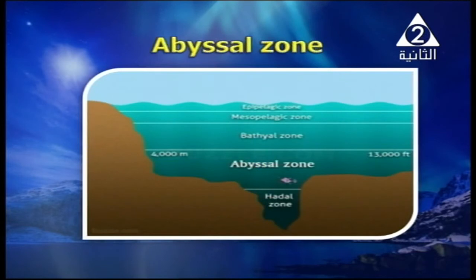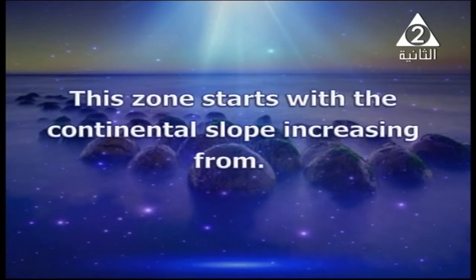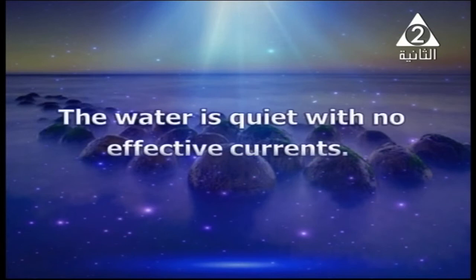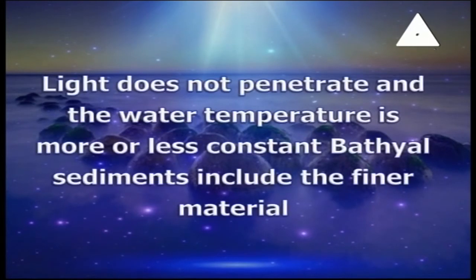We have another zone along the oceanic profile, which is the abyssal zone. This zone starts with the continental slope, where the water is quiet with no effective currents. Light doesn't penetrate and the water temperature is more or less constant.